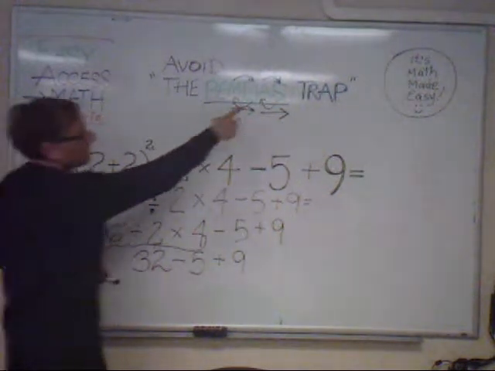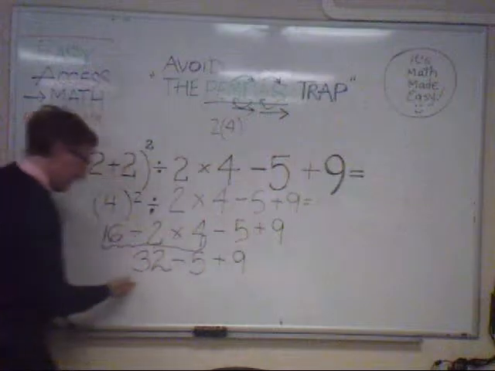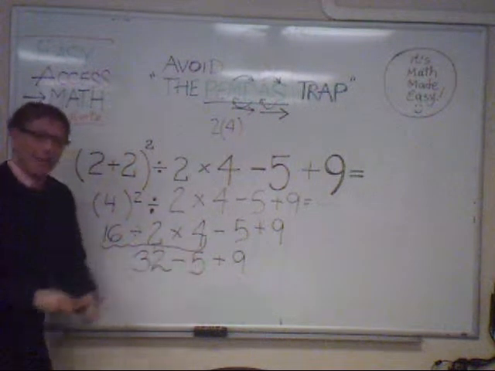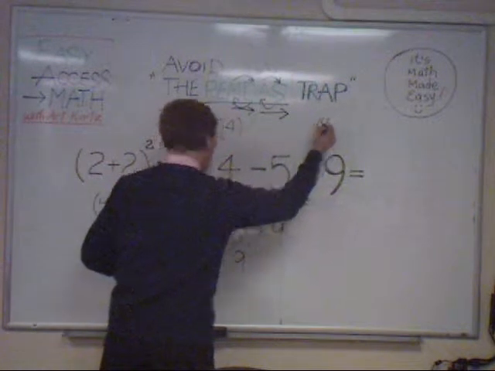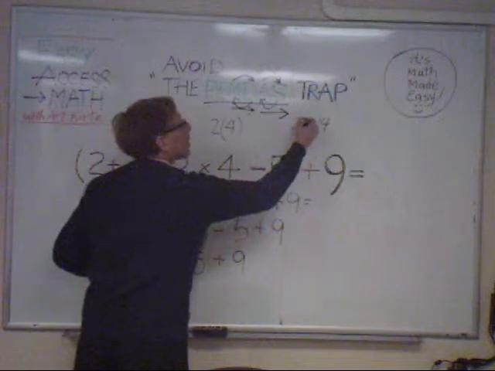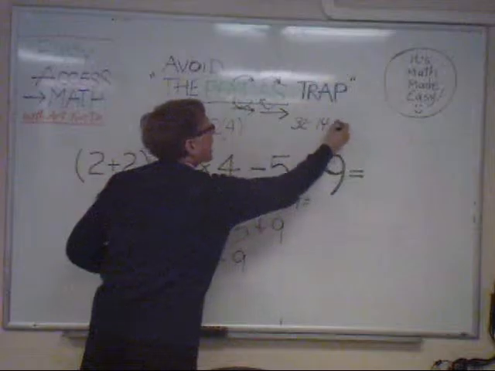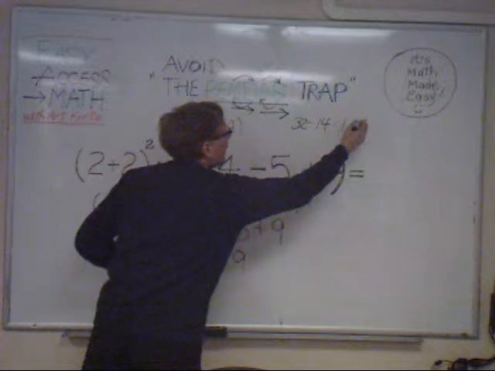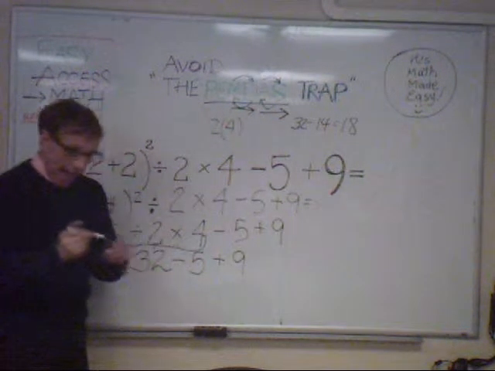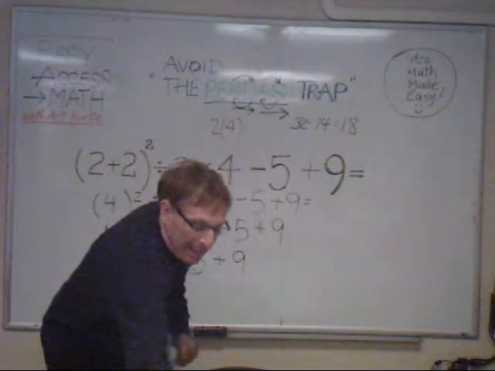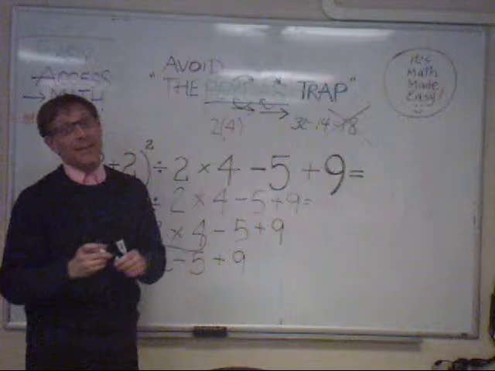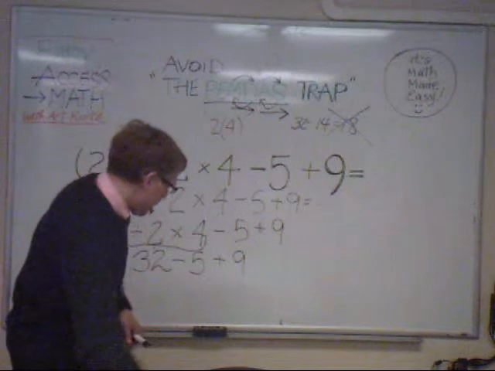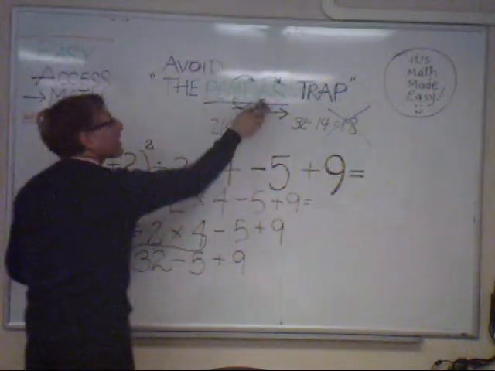Because it looks like A comes before S. And then I would add, now I'll get 5 plus 9 is 14. And I would say 32 minus 14, and that gives me 18. And the teacher would put a big X on that because it's wrong. It's the PEMDAS trap. I followed PEMDAS too closely.